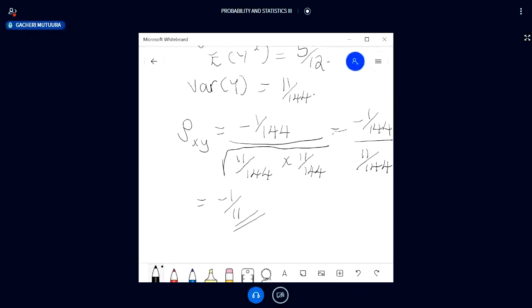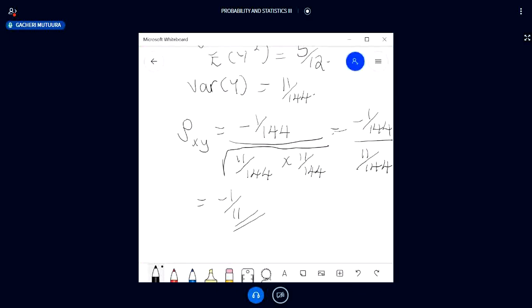How do you interpret that? That is about 0.09, which is almost no correlation, but anyway, it's very weak. We have a very weak negative correlation between our x and y.